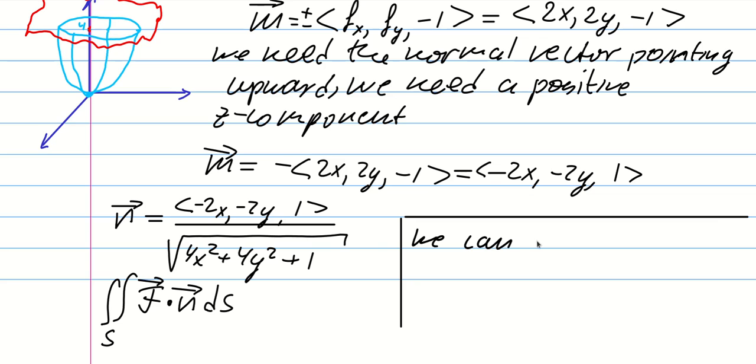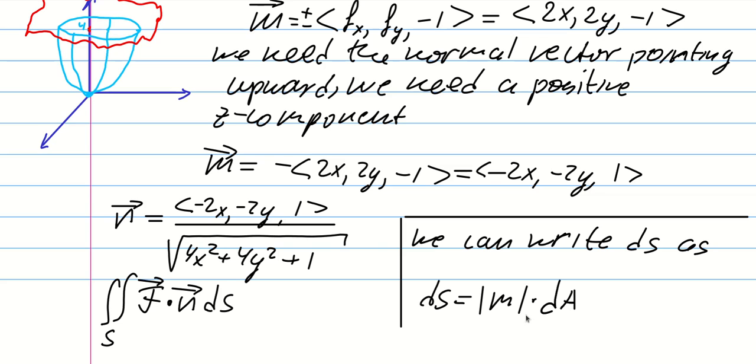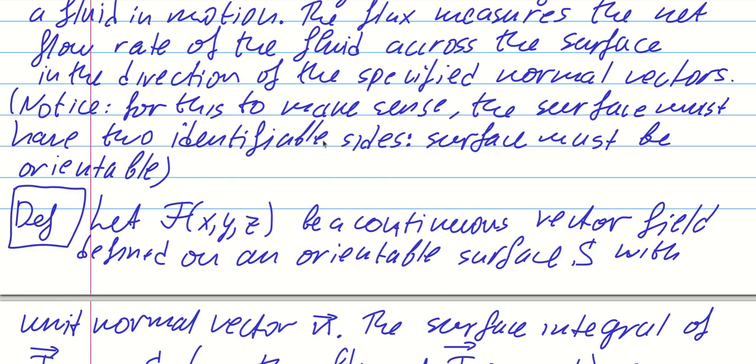We can write dS equals the magnitude of m times dA, which is the square root of 4x squared plus 4y squared plus 1 dA, right?